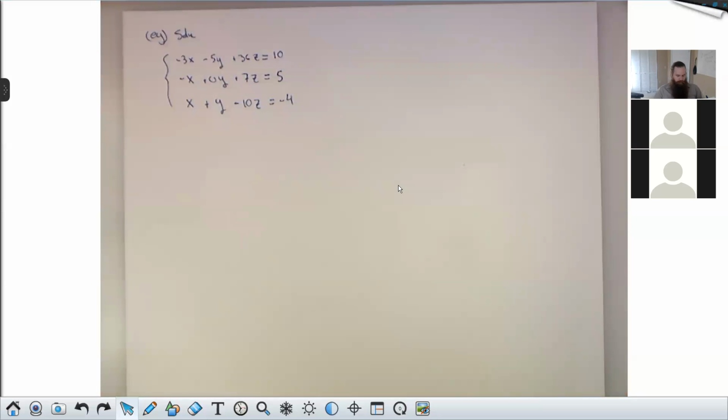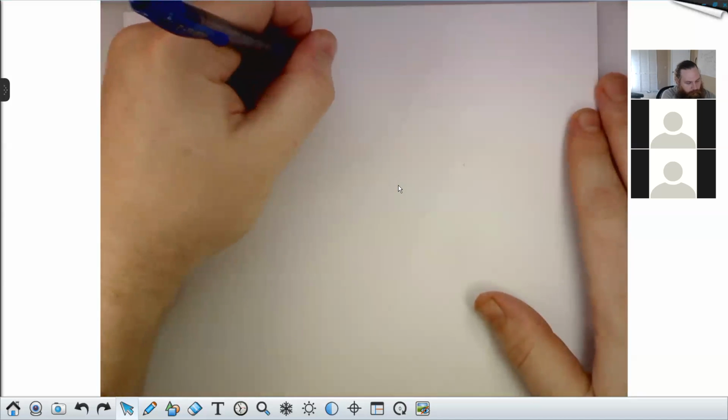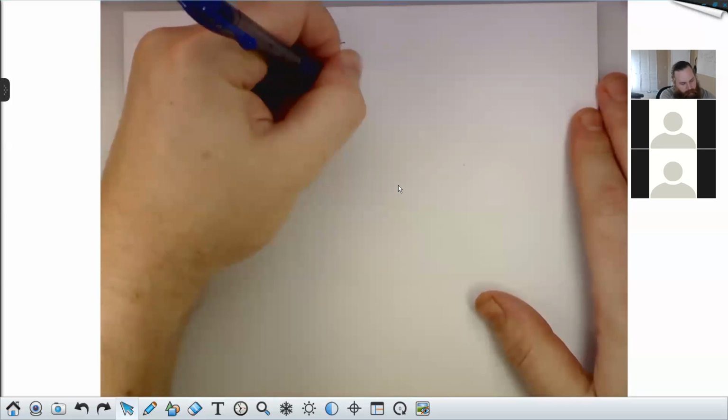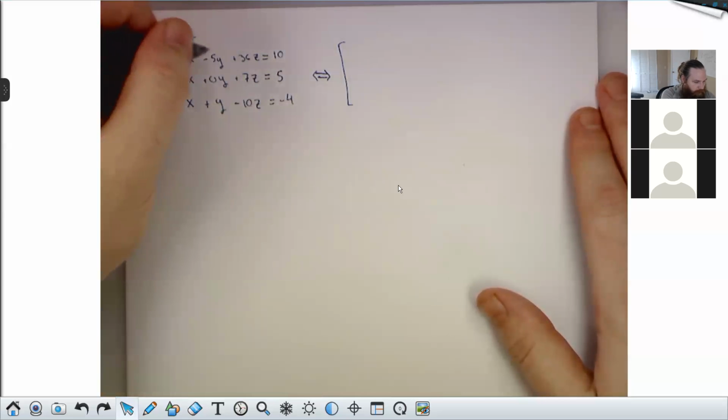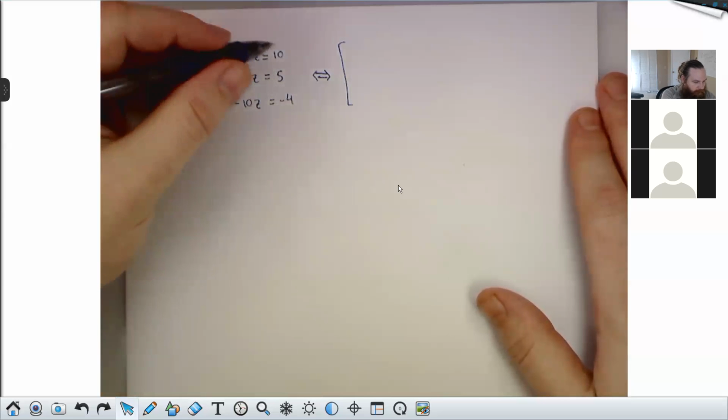So I claim that this system has infinitely many solutions. And I'll show you how to detect that and how to solve and state those infinitely many solutions. First, we'll rewrite this as a matrix. So my first row is negative 3, negative 5, 36, 10.